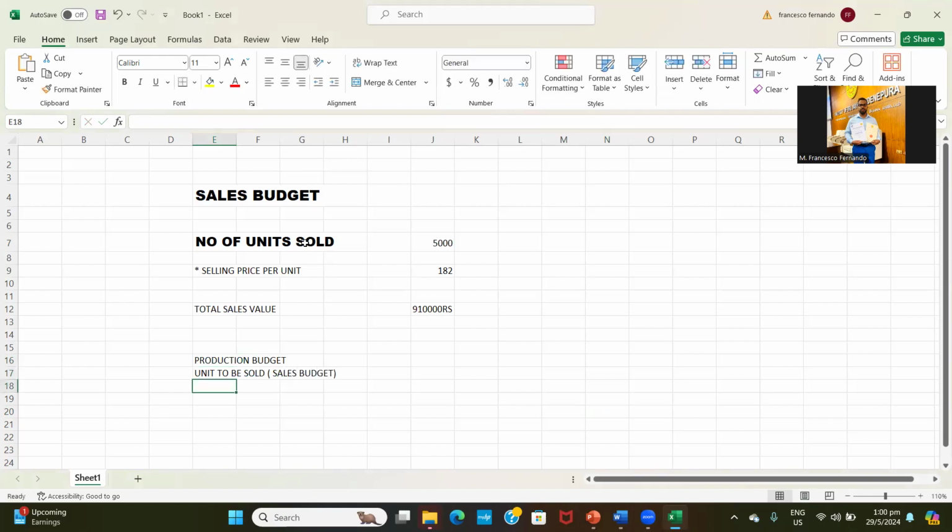And then we must subtract opening stock finished goods. FG means finished goods. And we must add the closing stock finished goods. Take the units to be sold from the sales budget. In this case it is 5,000. Right? So 5,000 units are being sold.